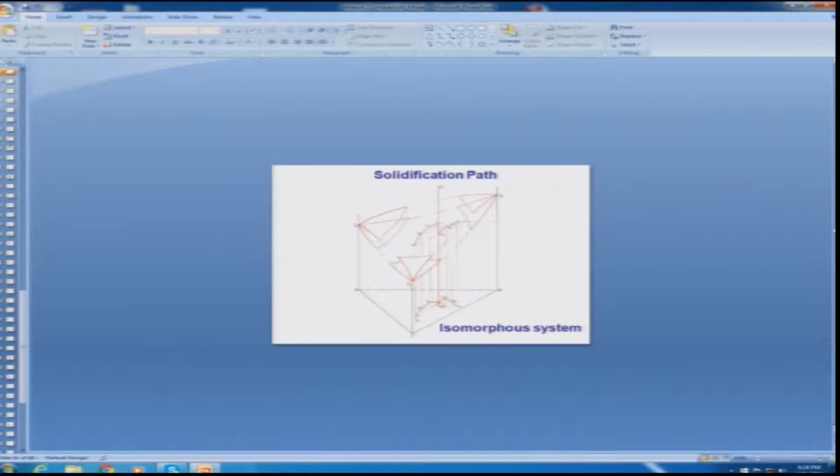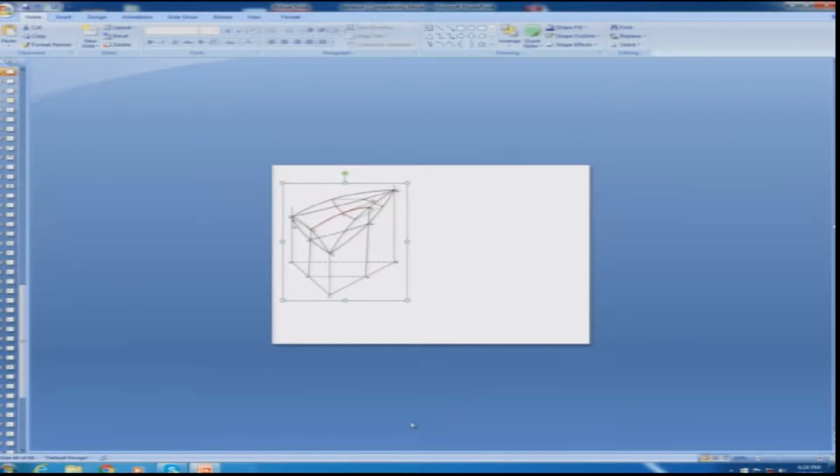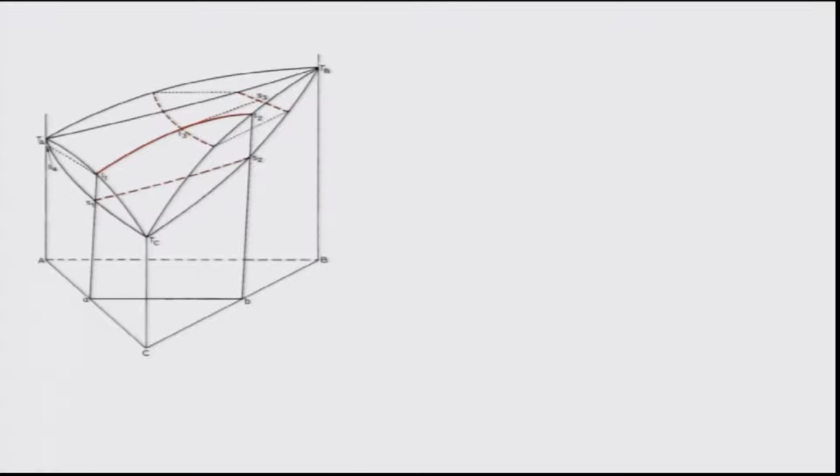Take a moment, please. So, what I mean to say is that if I take a section along this line, it will look like this. It will be looking like this.